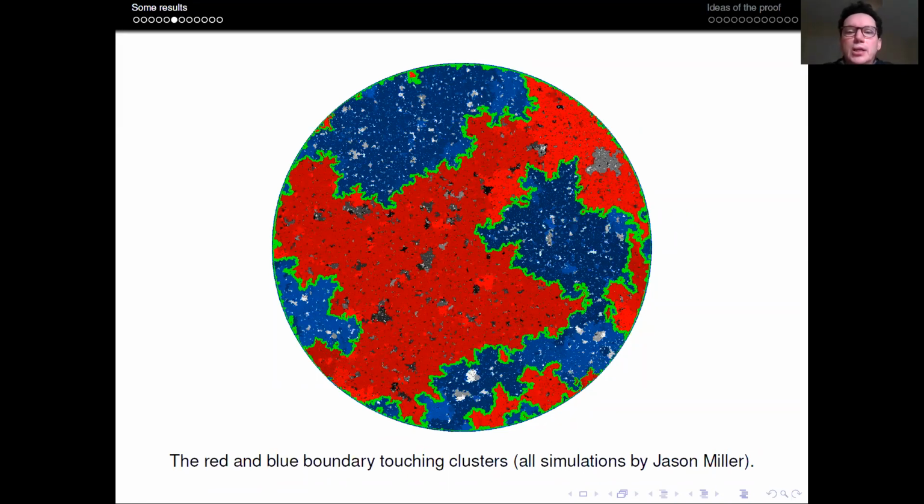If you think a little bit about it, the previous question is related to this: if you look at all these macroscopic blue clusters in this picture, the big ones that touch the boundary, how many intersection points are there between these very big boundary touching blue clusters on the boundary? Because you take a point on the boundary and you ask the question, is it in a very big blue cluster here? That's the type of question we are looking at.